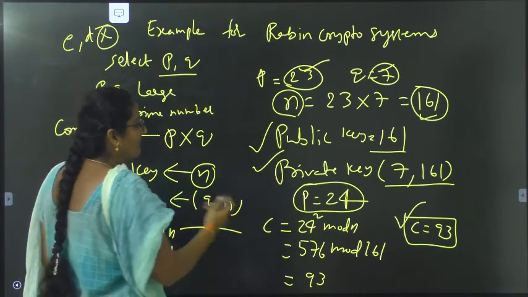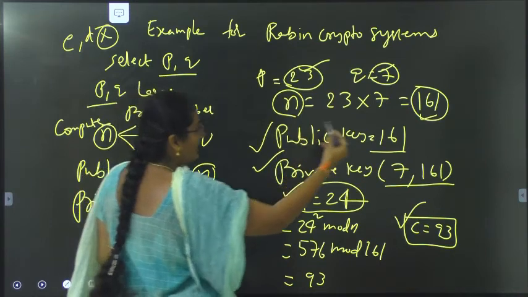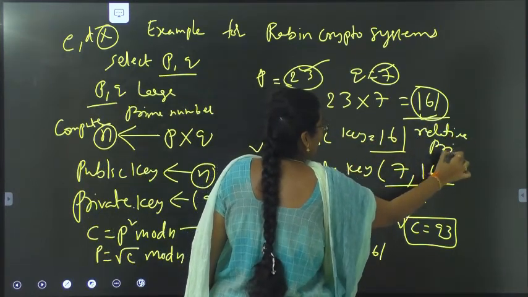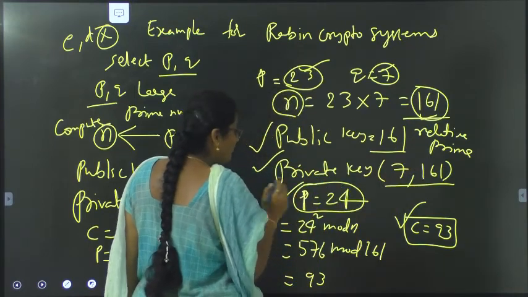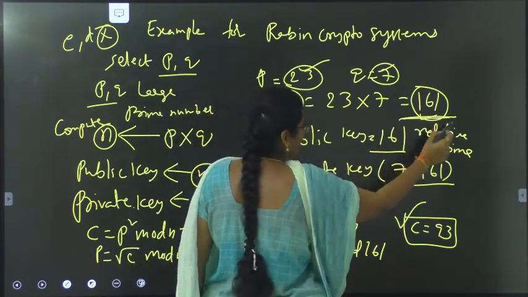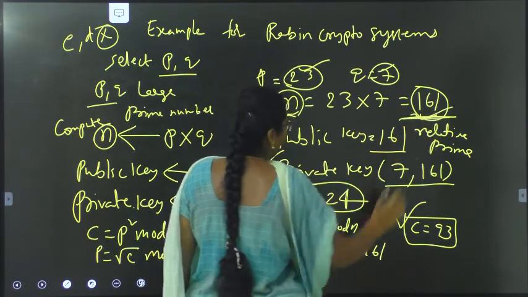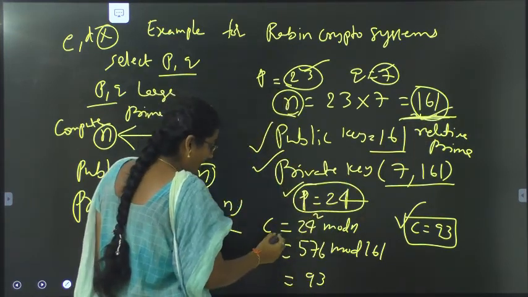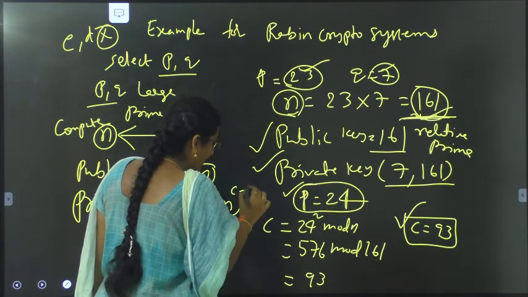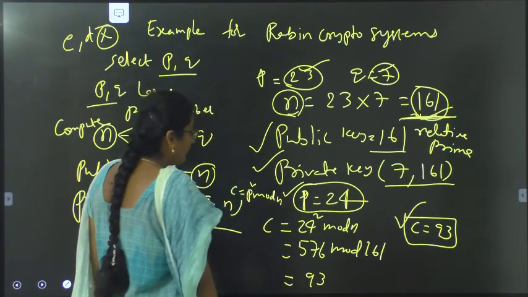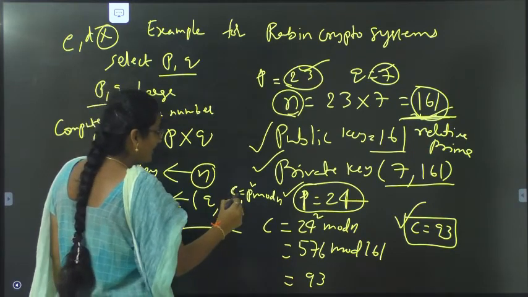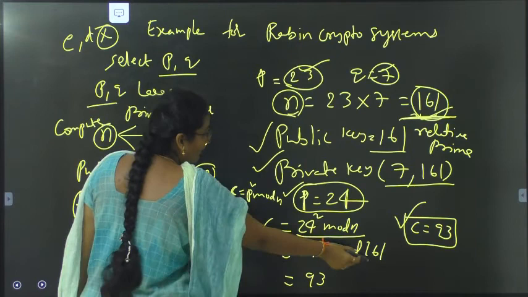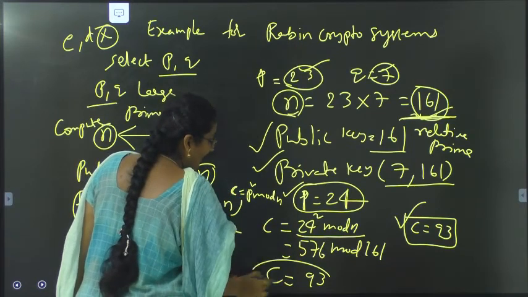Then I assumed the value of P, which should be relatively prime to the n value 161, and that will be 24. I substituted in the formula C equal to P square mod n and got the C value as 93.